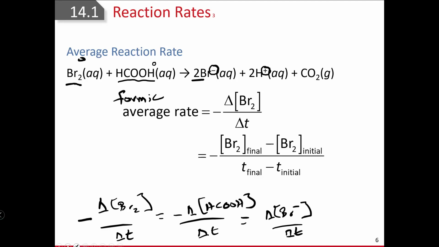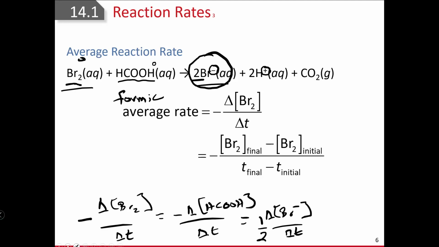So the rate of this reaction is going to be twice as fast as this. So we have to put a correction factor in here, a 1/2. So that when we multiply 1/2 times the change in concentration of the bromide ion over change in time, the overall rate is going to be the same.